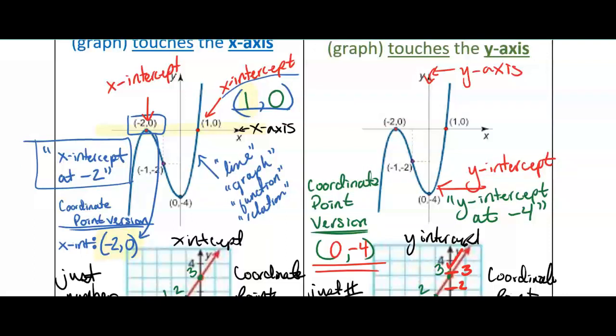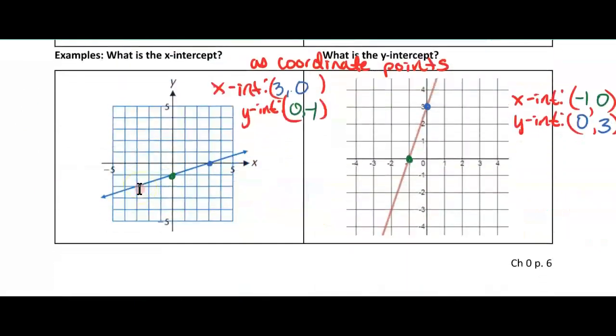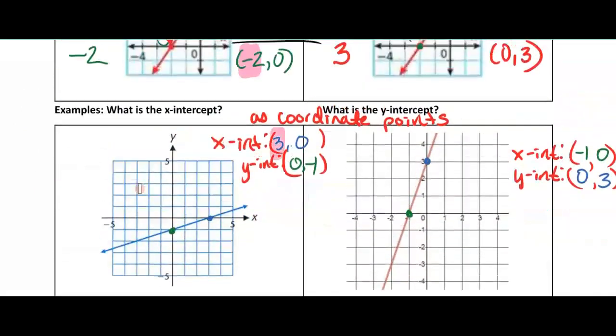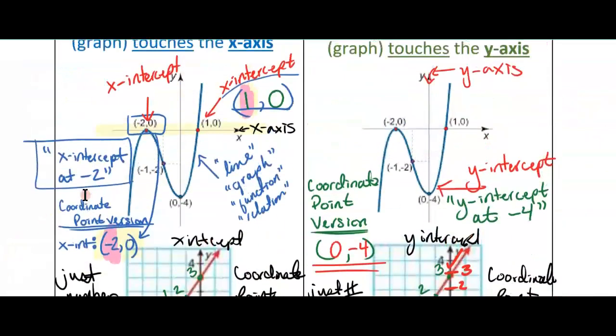We see this again, in red, here and here, down here, and again down here. What else did all of our X-intercepts have in common?